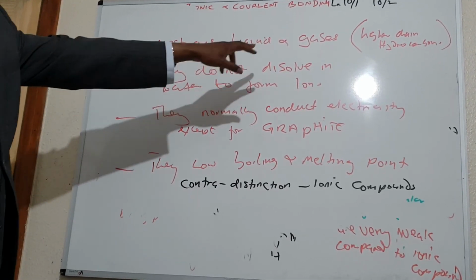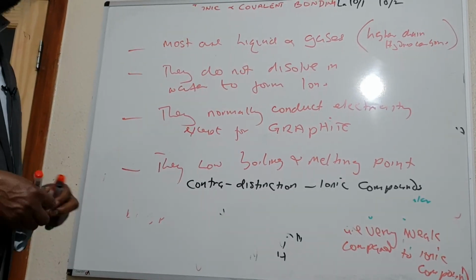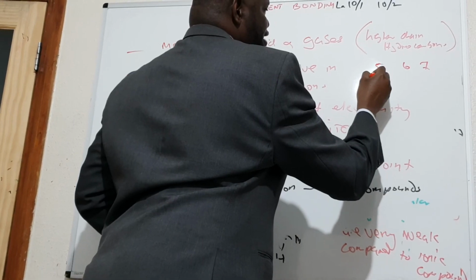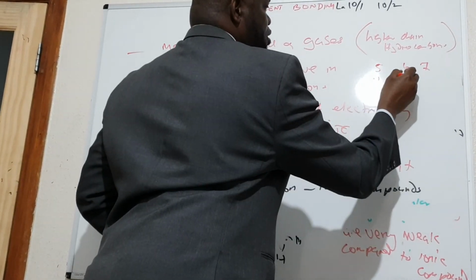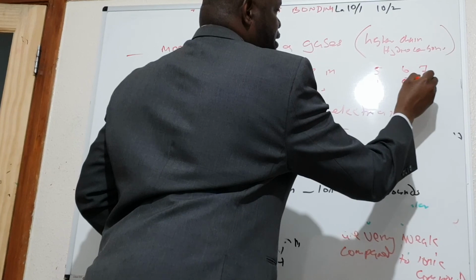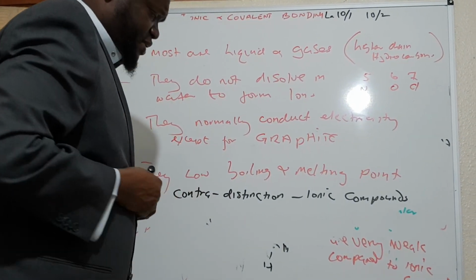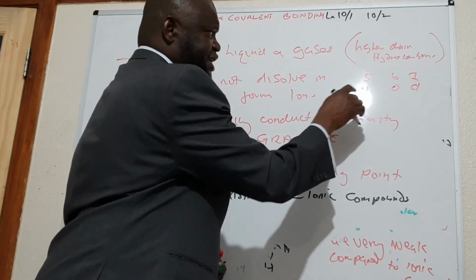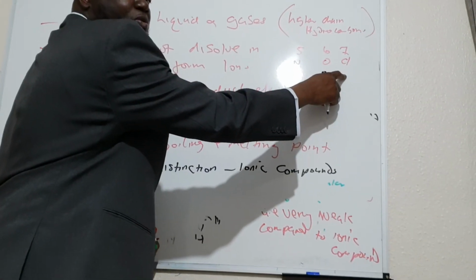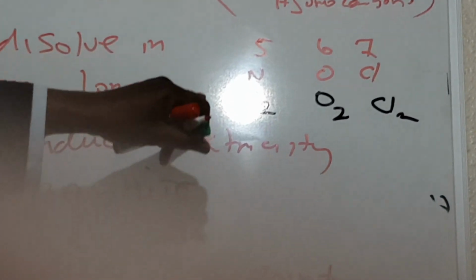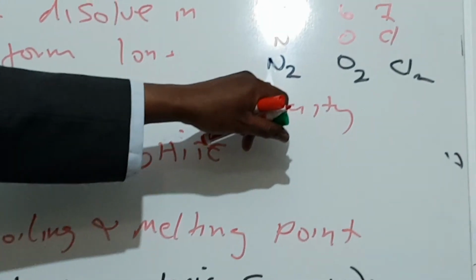Most of them are liquids and gases, because they are in groups 5, 6 and 7: nitrogen, oxygen, chlorine. In the exam or in reactions, they write N2, O2, Cl2, meaning a chlorine molecule with covalent bonding.